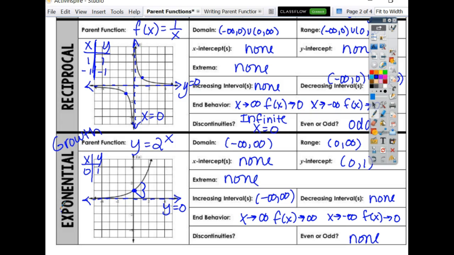Now, this point right here is on every single exponential growth. Every single one of them. And who can tell me why? That's not the answer.